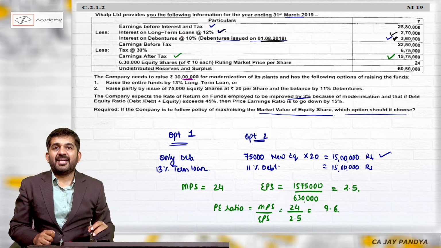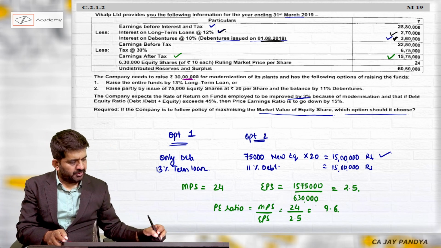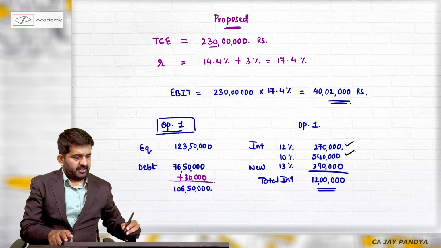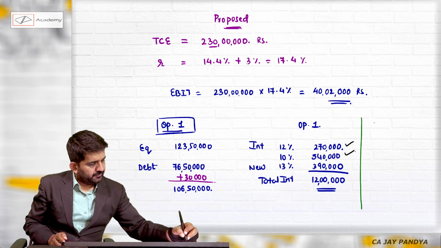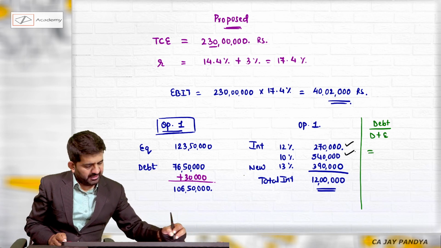So what is my current PE ratio? The current PE ratio is 9.6. Now, what do they say? Please try to understand. In option number 1, what is my debt upon debt plus equity?